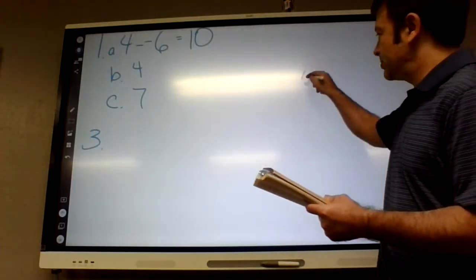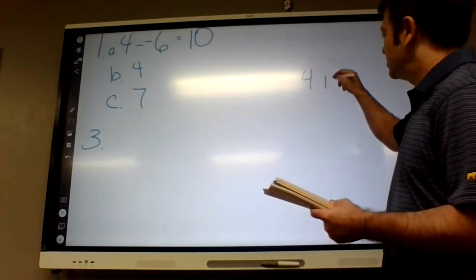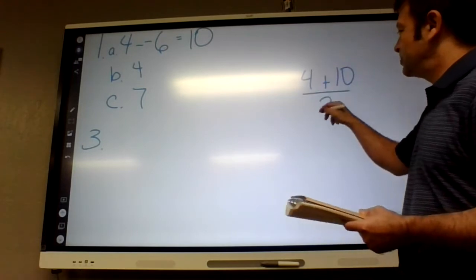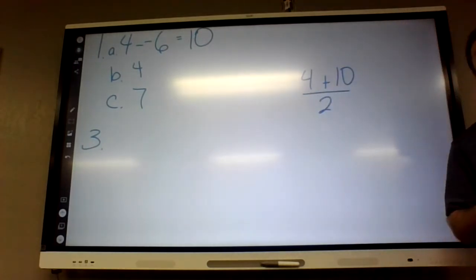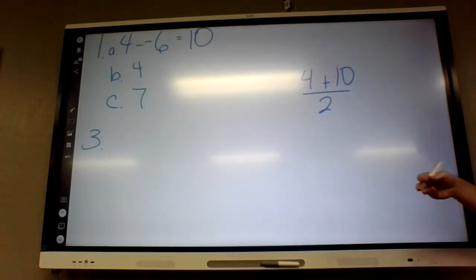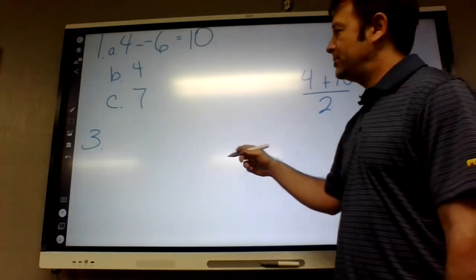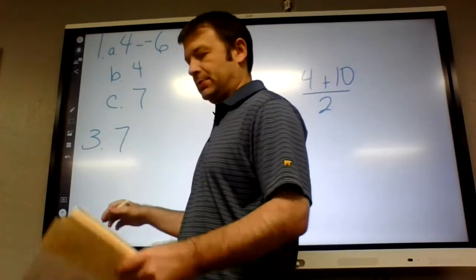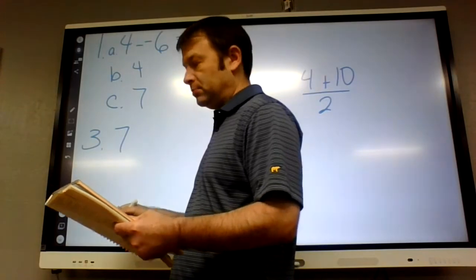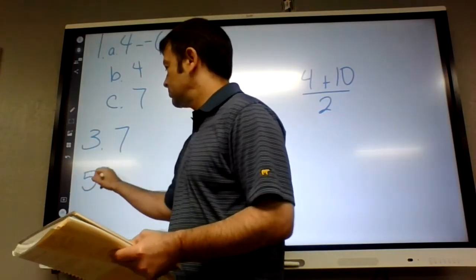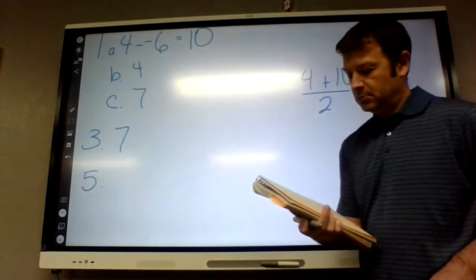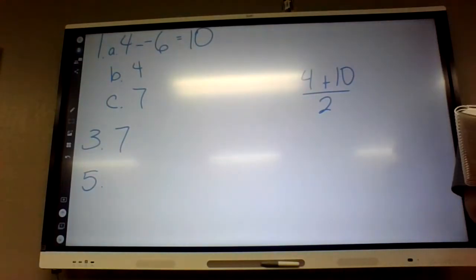So if the endpoints are 4 and 10, you do 4 plus 10 divided by 2. That'll give you the point right in the middle. That's what averaging does. 14 divided by 2 is 7. Might take notes on that so when you guys come back to do the evens, you know what to do.